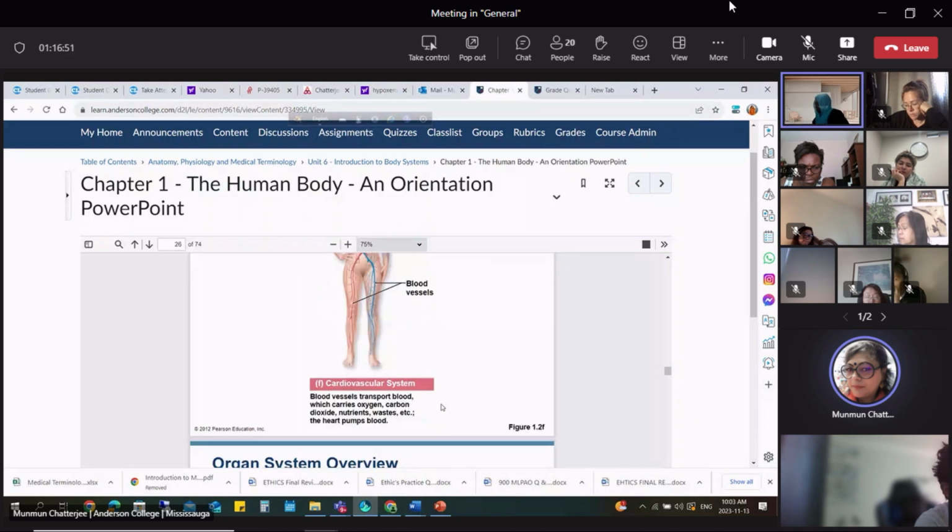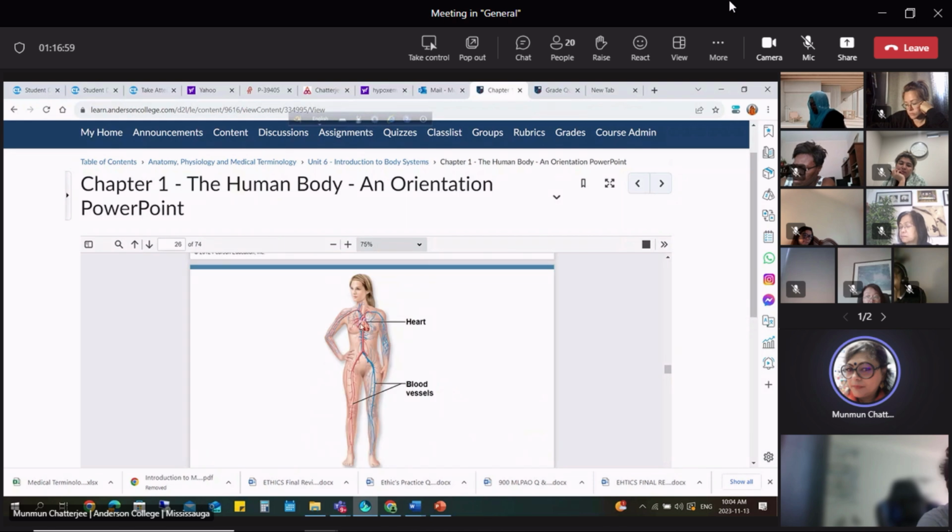So blood vessels transport blood, carrying oxygen, carbon dioxide, nutrients, etc. The heart pumps the blood throughout the body, and it circulates and comes back to the heart. When we learn the circulatory system, we are going to see how it flows.